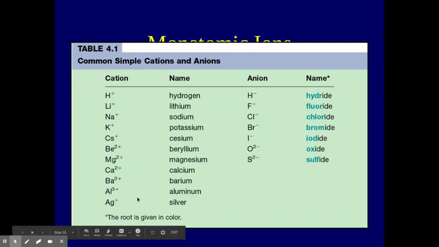The ones that don't require a Roman numeral are the ones that are always the same. The Roman numerals are going to be the transition metals that can be different things. Over here, your anions, notice fluorine becomes fluoride, chlorine, chloride, bromine, bromide. Oxygen, oxide. You're ending it in IDE.